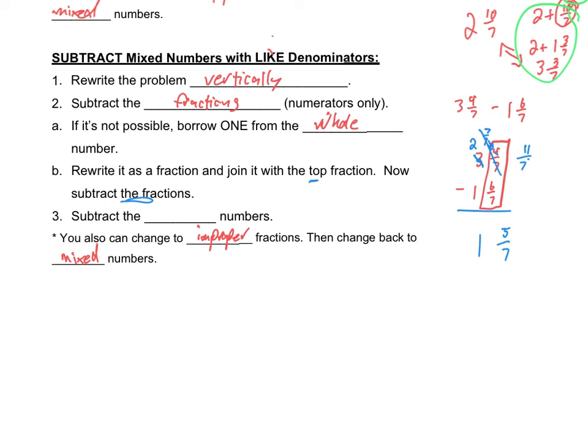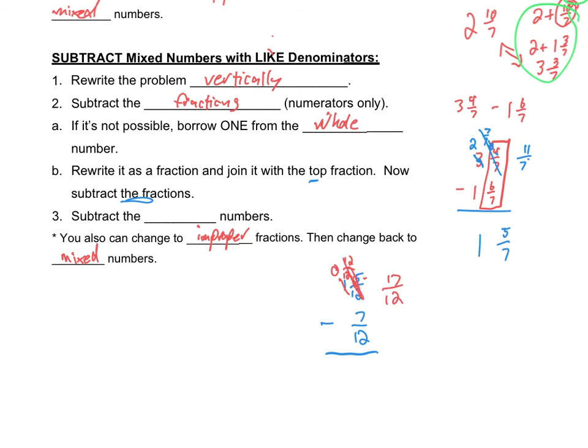Okay, let me do another one like that. 1 5/12 minus 7/12. Okay, I rewrote it vertically. I cannot do 5/12 minus 7/12. I need to borrow from this 1. This 1 becomes a 0, and I borrowed 12/12. So 12/12 plus 5/12 is 17/12.